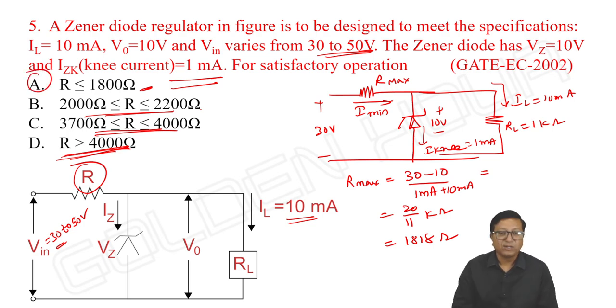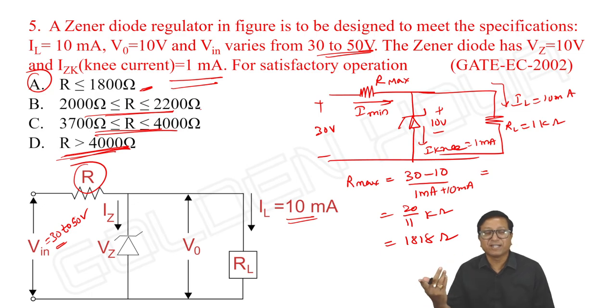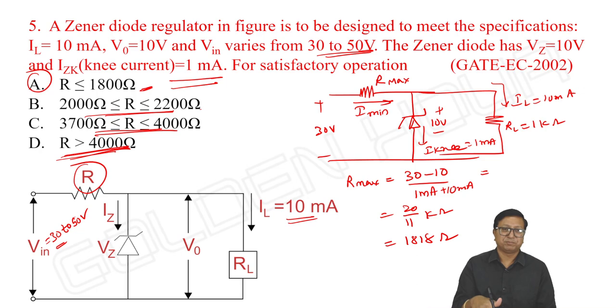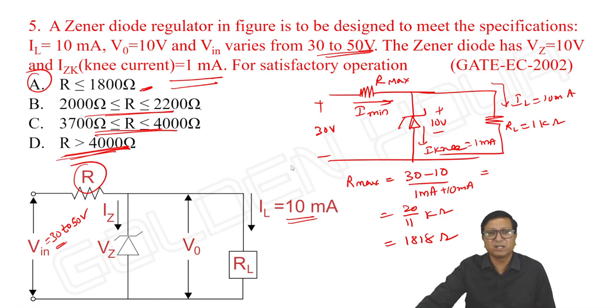So definitely option A is correct. If IZ maximum is given, then we can find R minimum, but it is not required here. If you look at the options, you are calculating R maximum directly. See how simple you can do this problem.